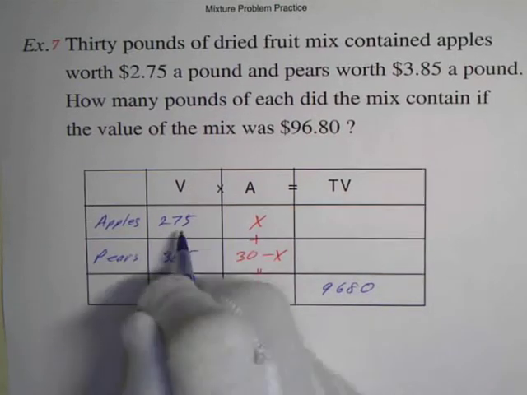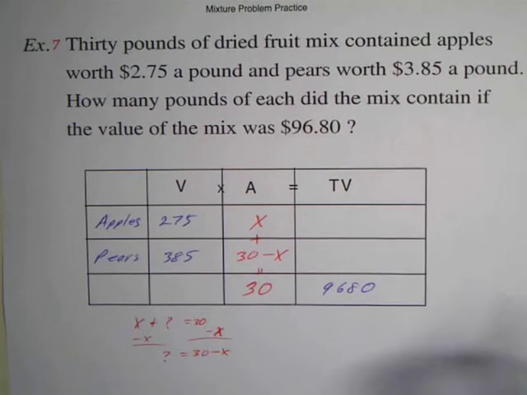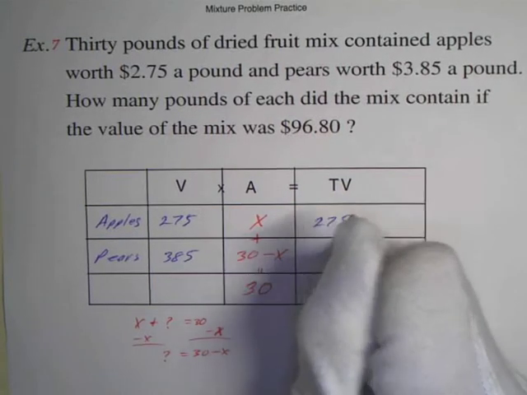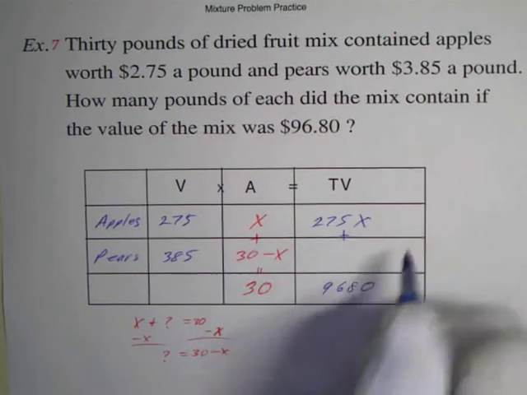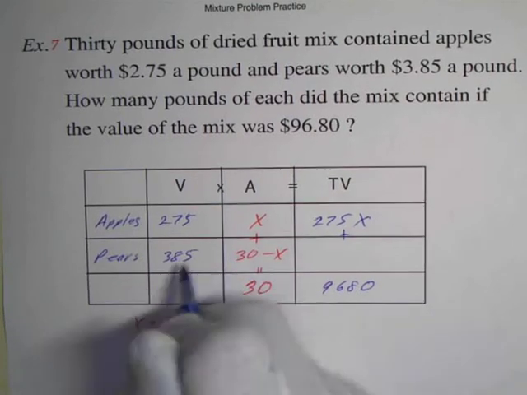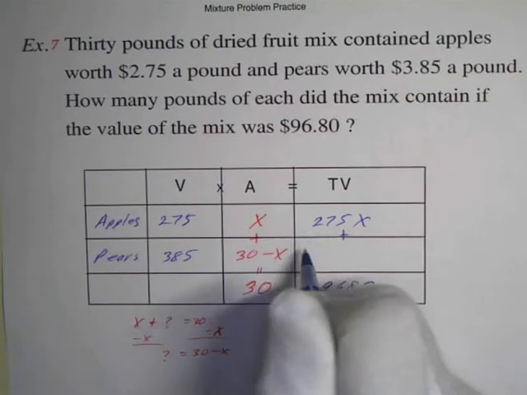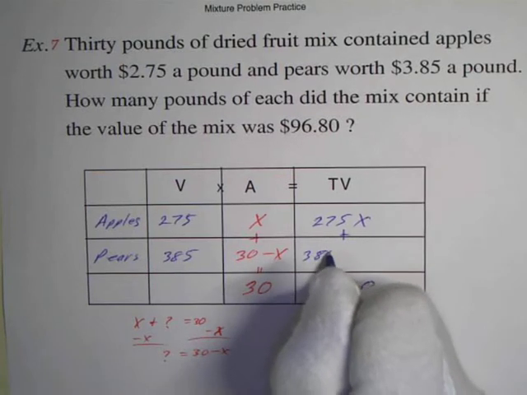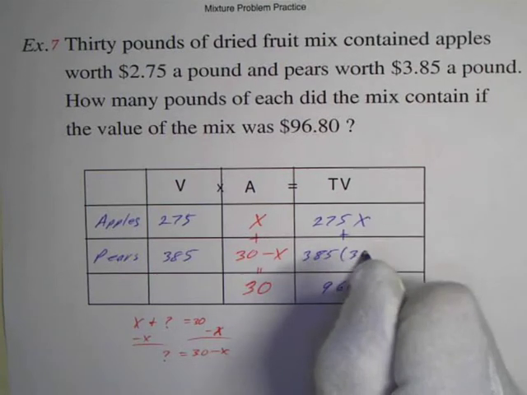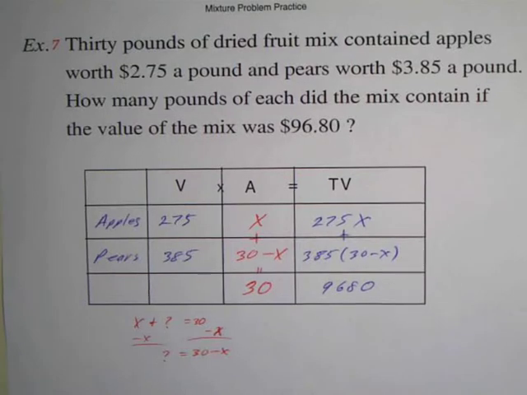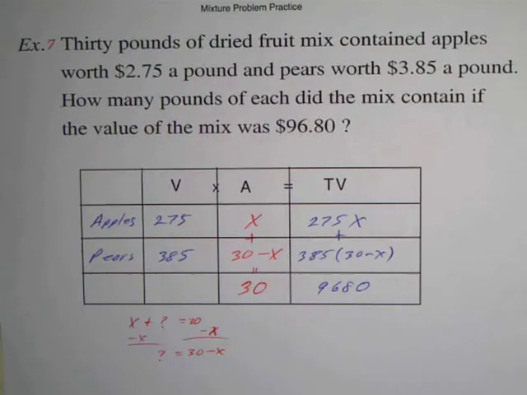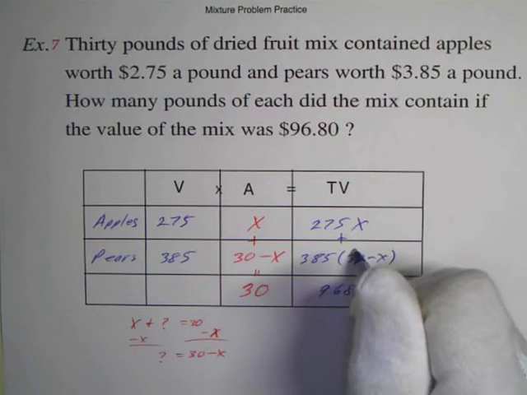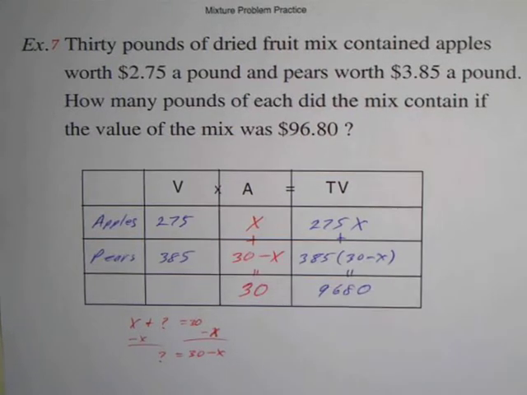So if we had 1 pound, it would be 275. 2 pounds, 550, etc. And this is going to be the amount of money that my pears are worth. So I'm going to have 385 cents a pound times 30 minus x pounds. And that's how I'm going to get my equation, because the value of the apples plus the value of the pears should be the total value of the mixture.